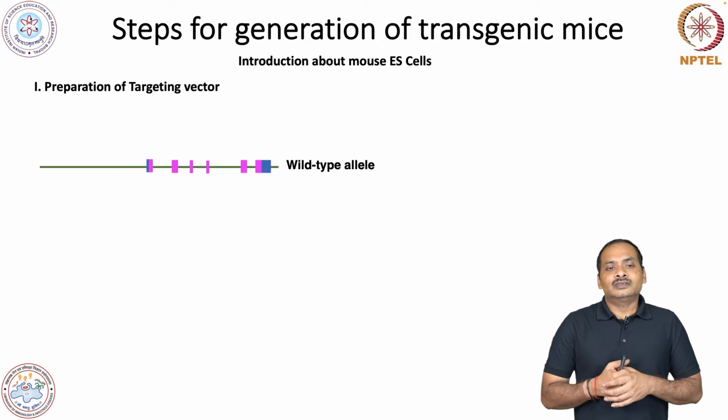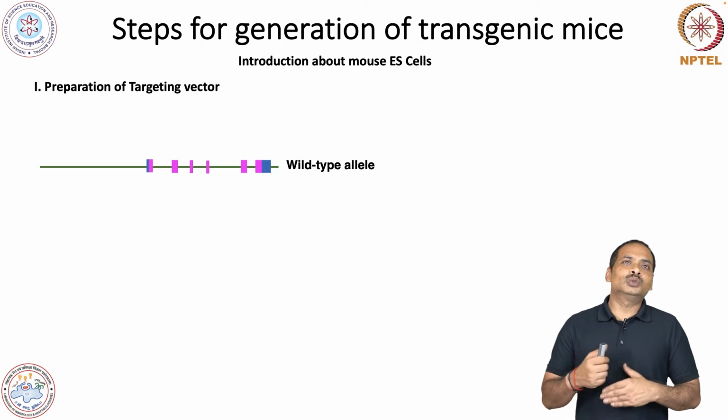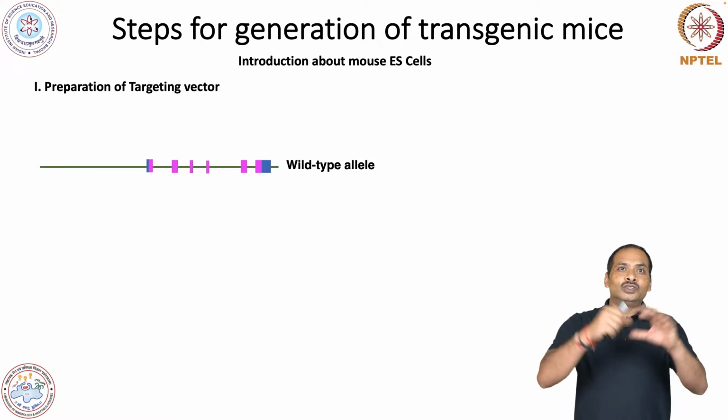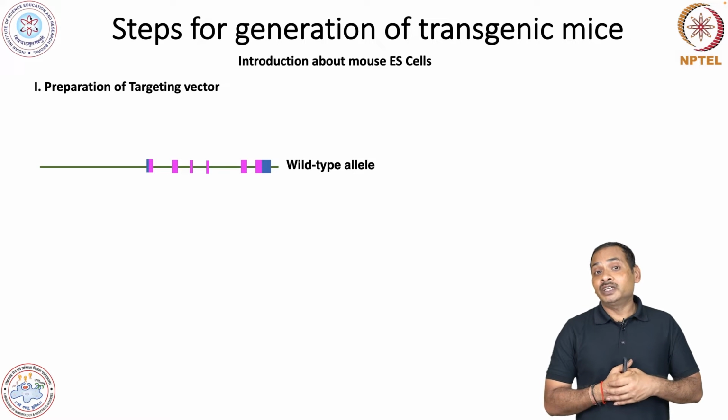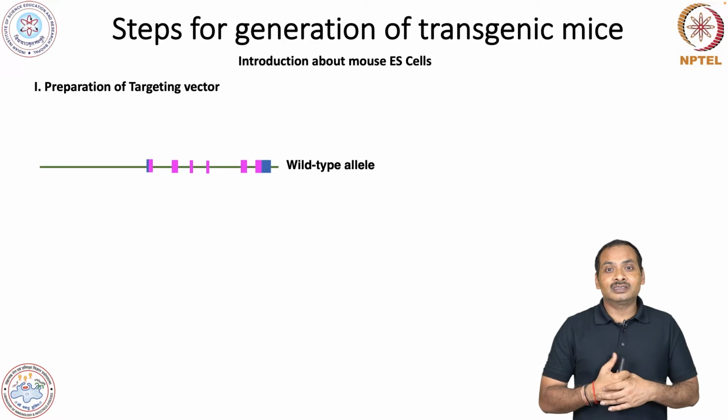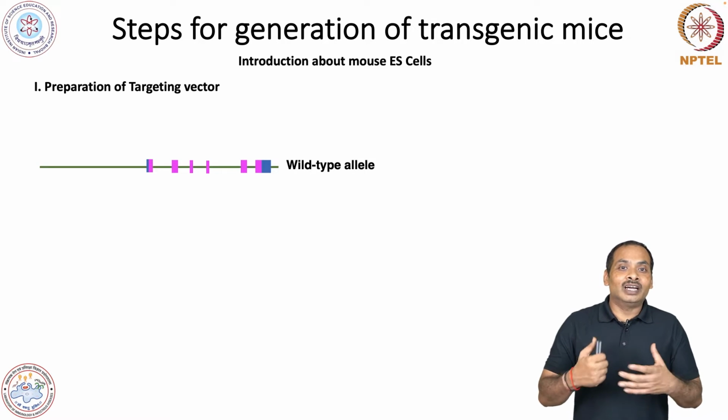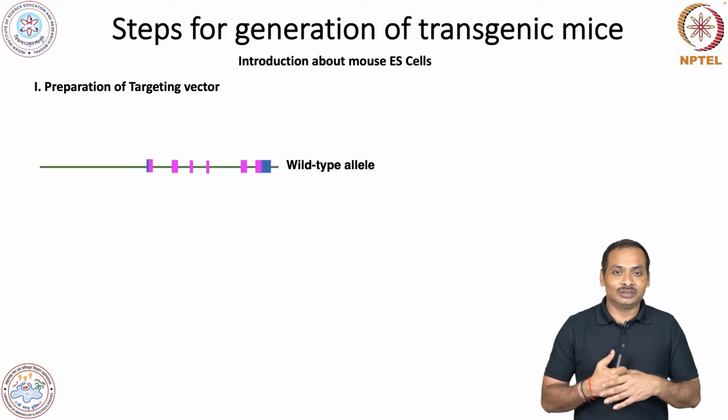So here the task is, I believe, at least 2 times more difficult, and overall, making conditional knockout mice is maybe 3 or 4 times more difficult. Okay, you will understand soon.